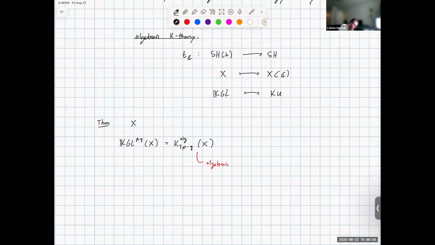This should be for X in schemes, so this is for algebraic K-theory, from Quillen. Okay.